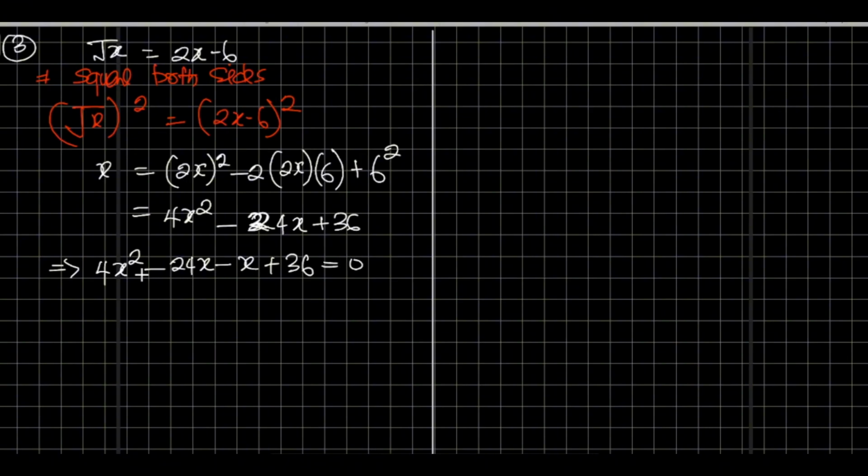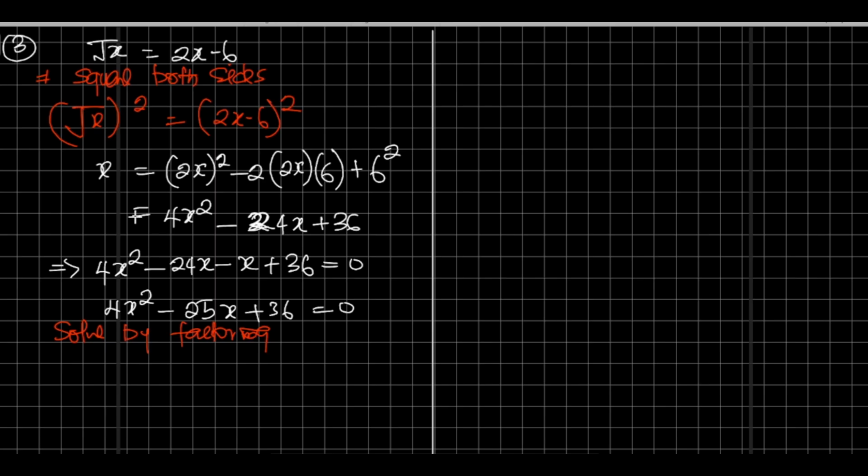So minus 24 minus 1, that will be 4x squared minus 25x plus 36 equals 0. So we can solve this equation by factorization method. This is a quadratic equation. So solve by factorization method. Solve by factoring.